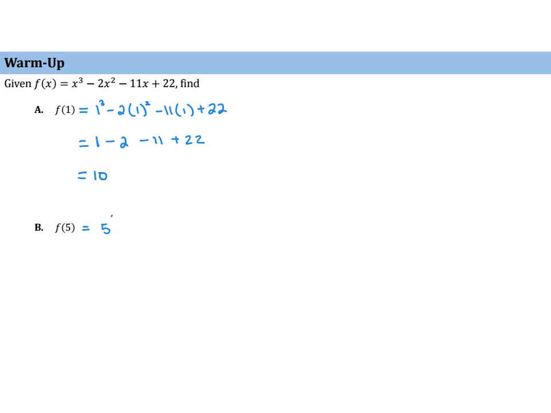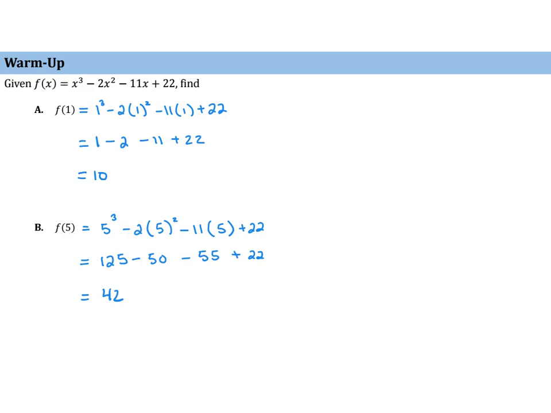We obtain 5 cubed minus 2 times 5 squared minus 11 times 5 plus 22. So this is 125 minus 50 minus 55 plus 22, and this yields for us 42.